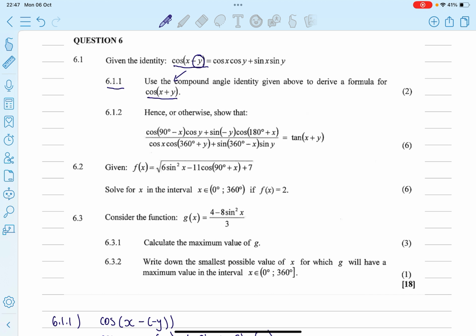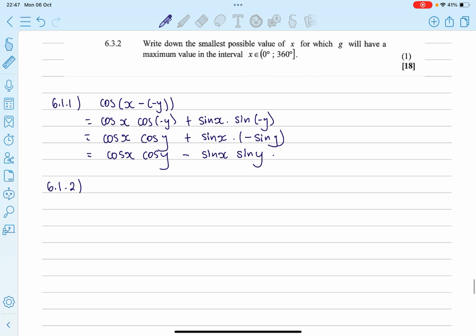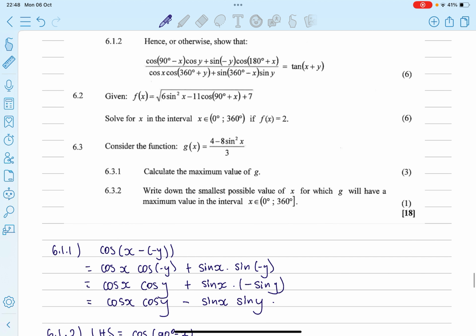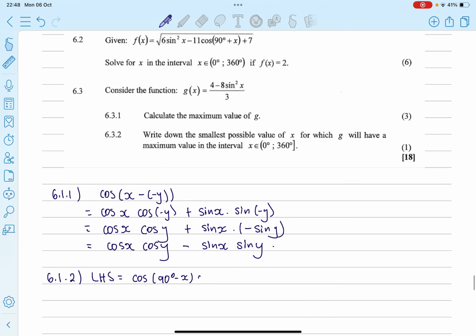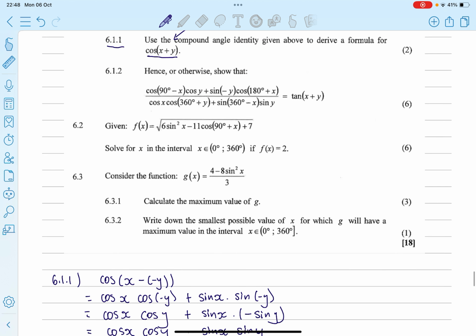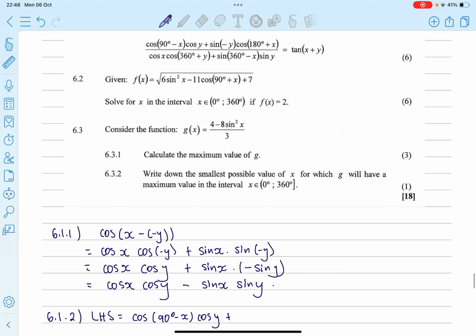Hence or otherwise, we need to show that the left-hand side is equal to the right-hand side. Okay, so let's start with the left-hand side, because that's where more work is. So the left-hand side will be equal to cos 90 degrees minus x, cos y, plus sine negative y, cos 180 degrees plus x.